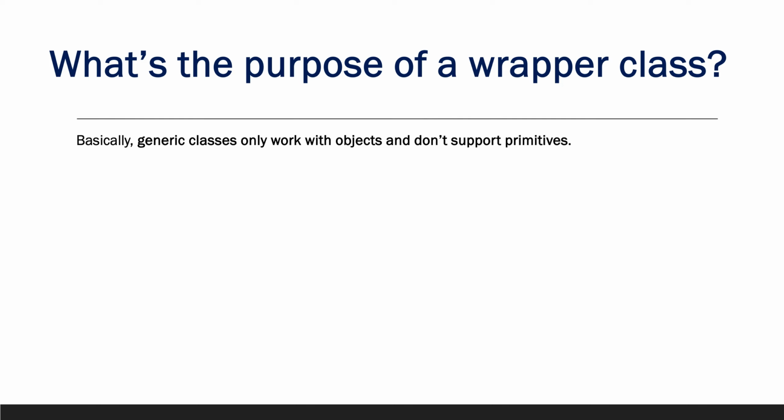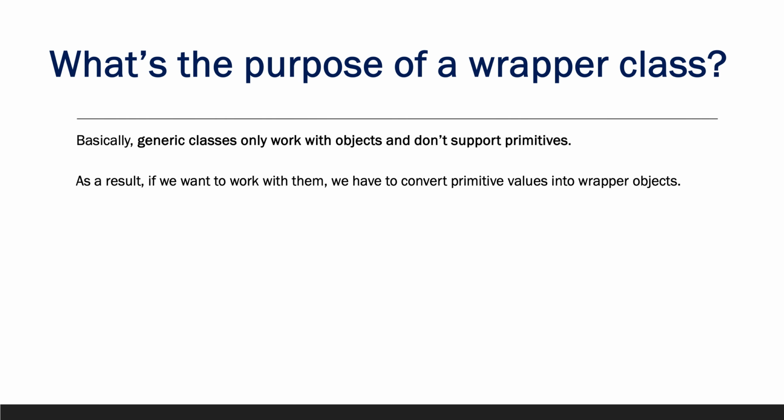This is one reason: in Java all the generic classes work only with objects. Since primitive data types are not objects, we need to do something to make them objects. That is where wrapper classes help to convert the primitive data type into objects. So this is one need or purpose of the wrapper classes.